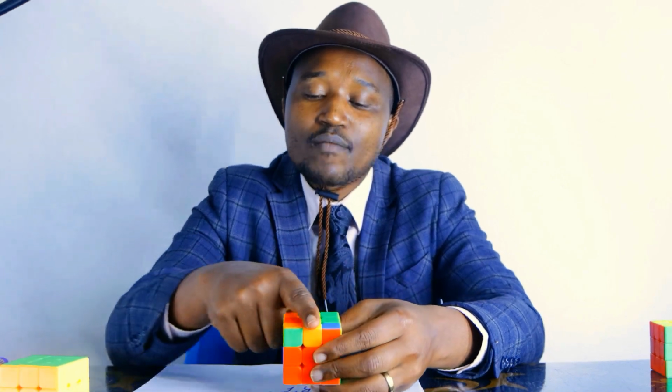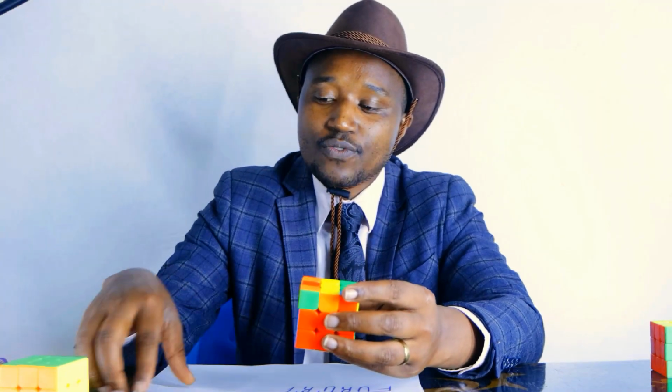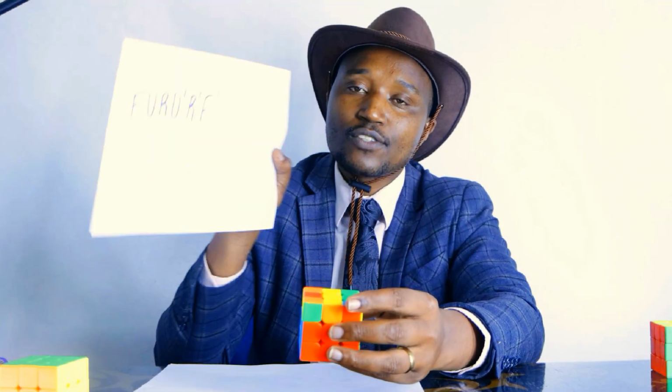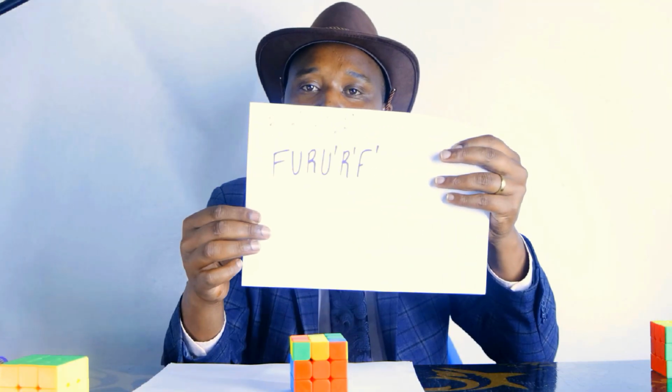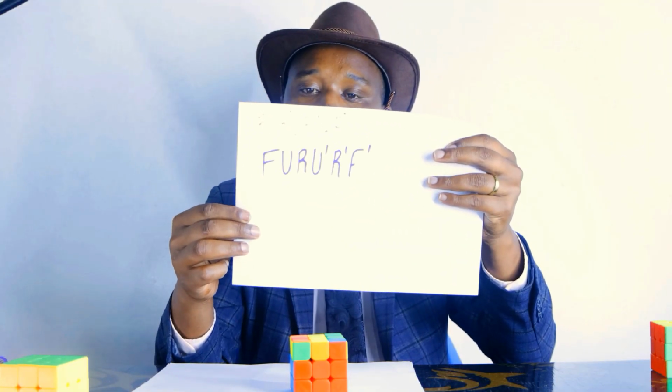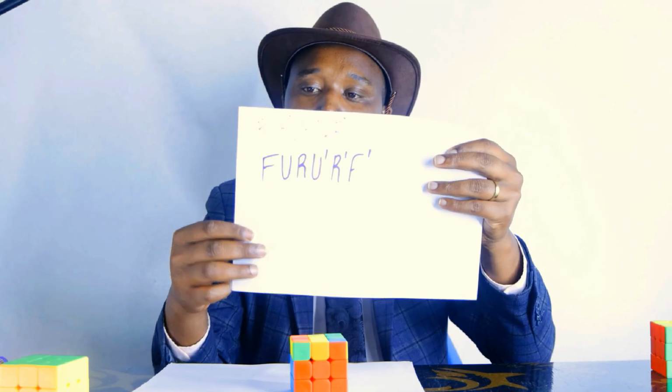So in my case, I make sure that the line faces straight like this, and then I use the first formula: F U R U prime R prime F prime.